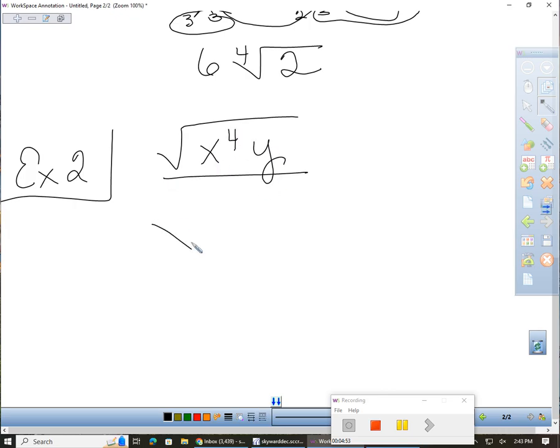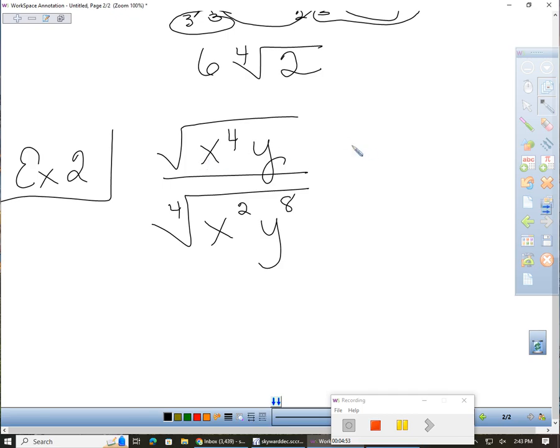All right, so this one's going to be a little bit different. In this one, can we reduce our fraction? No, you cannot. They're different dimensions. So automatically, I want you to think, I need to change it to exponential form. I got to get an exponent.